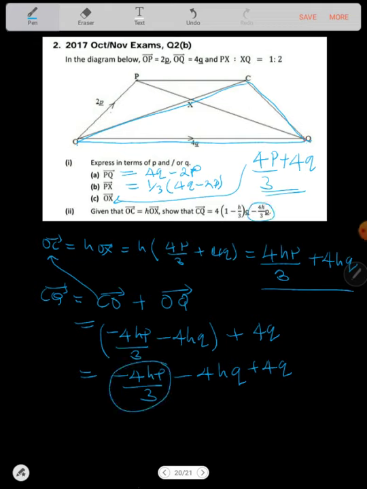So we can leave it just the way it is. Then we have negative 4HP over 3. What is common here? 4 is common, and even Q is common.